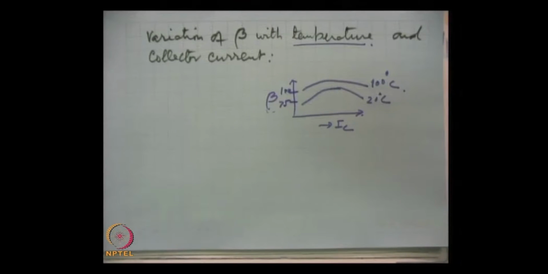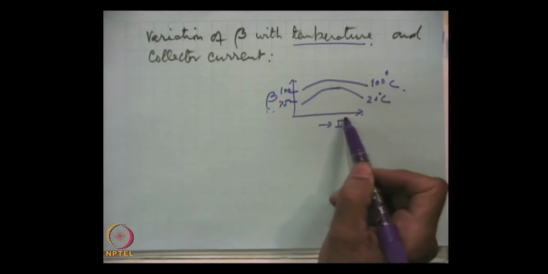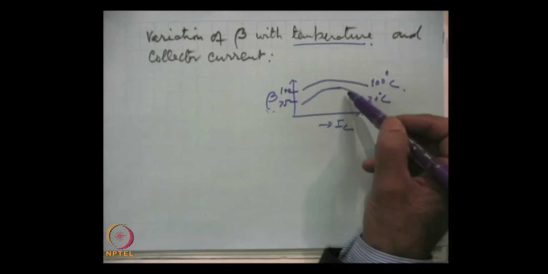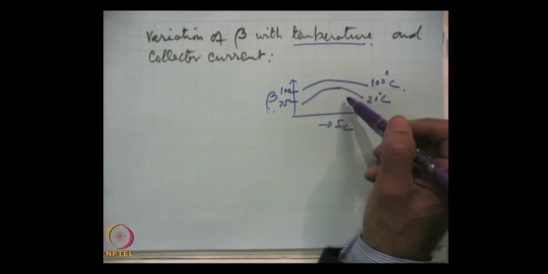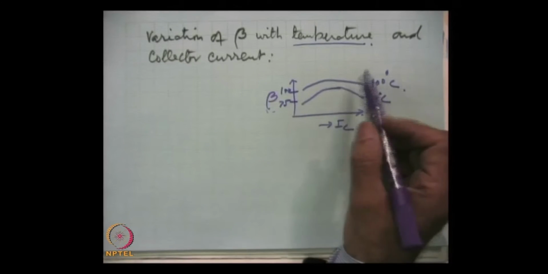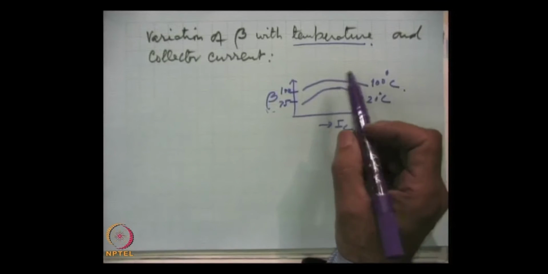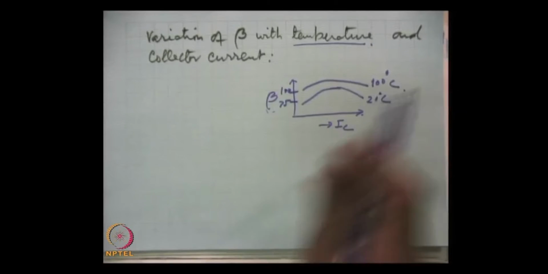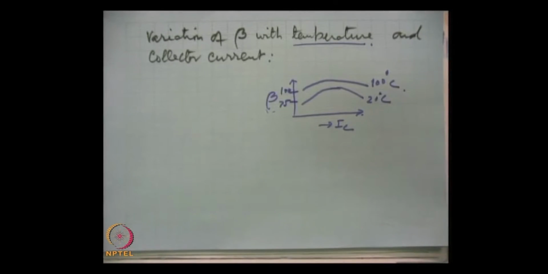Current gain beta changes with collector current, the output current, and it also changes with change in temperature, and with rise in temperature beta increases. Now, I have been very frequently talking about the changes in temperature.